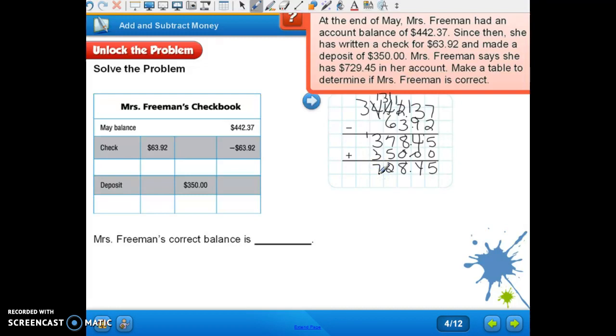Okay, so if you add 350 to the 378.45, you would have $728.45. So what was it Mrs. Freeman thought her bank account would be? $729.45. Is Mrs. Freeman correct?